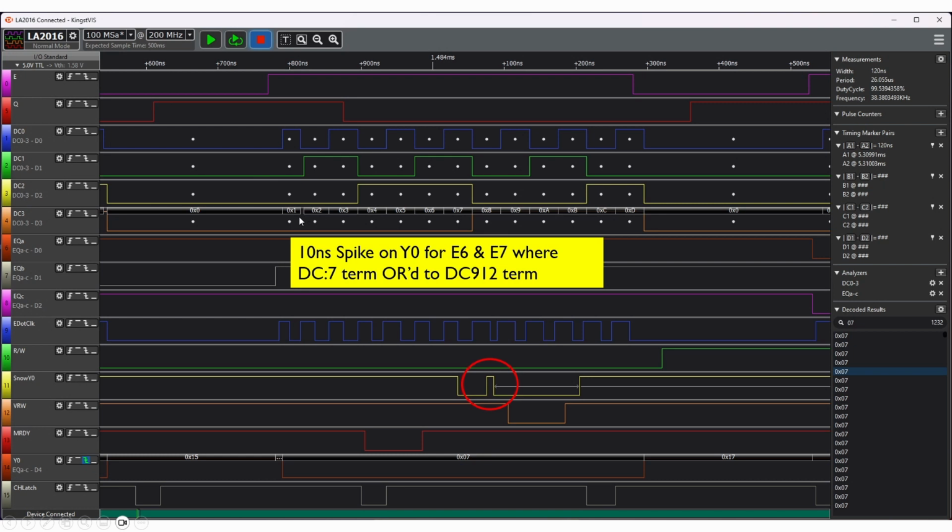So this is our CRTC clock cycle here, and depending on whether the E signal was triggering at the start or end of that clock cycle, when I was changing the terms here, I found that I needed to split out some of these a little bit differently. Because of the way I was combining the various conditions, I got a 10 nanosecond spike here that was again going to cause problems. So what I ended up doing is rearranging the way the conditions were organized, and that has got rid of that particular issue.